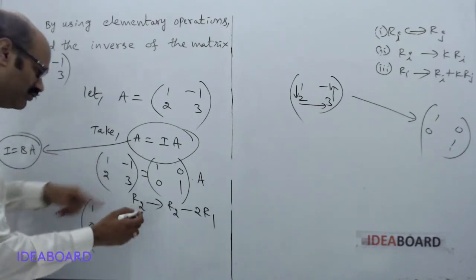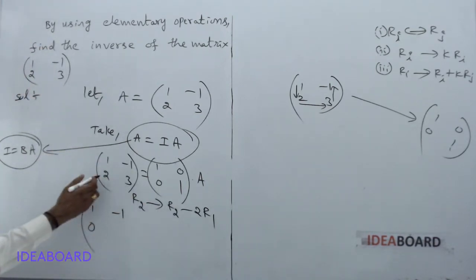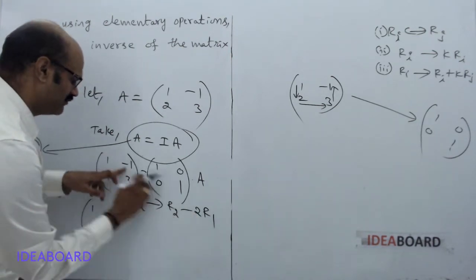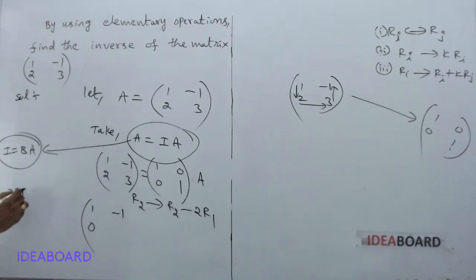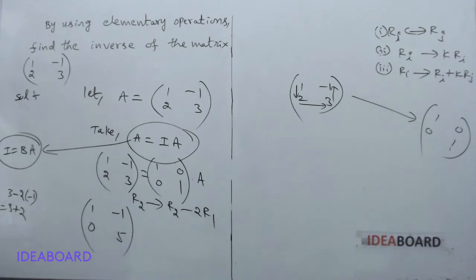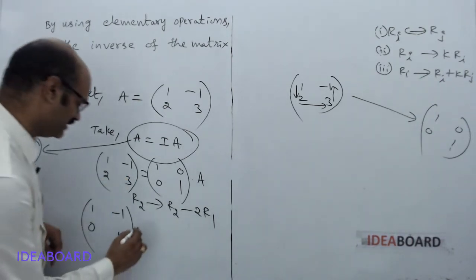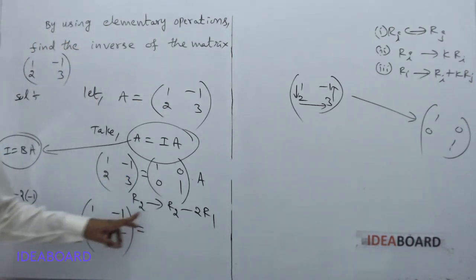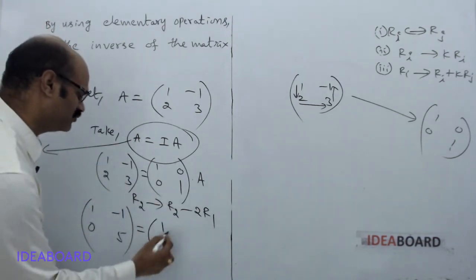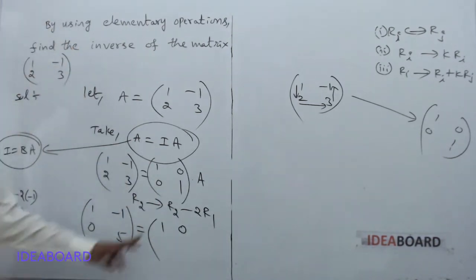And if you want to write, you can write here, no problem. R2, this is R2 here. 3 minus 2 into R1, minus 2 into R1 equal to minus 1. So 3 plus 2, so that here we get 5. It implies, same operation should be done here also. Now R1 no change, 1, 0 same.